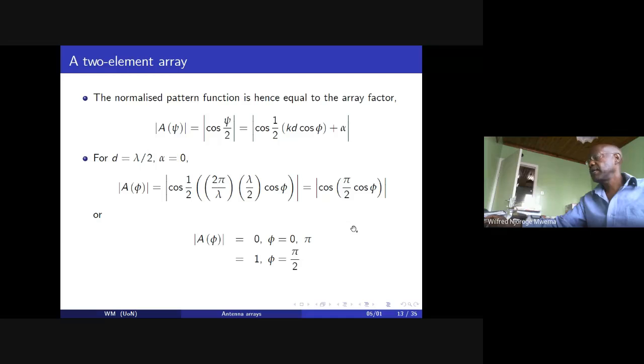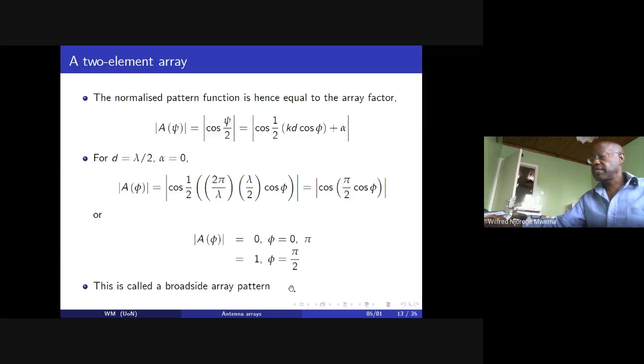This can be seen because if we put phi equal to pi by 2, this will be the magnitude of cosine of 0, and that is going to be unity. If we put phi equal to 0, this is going to be unity, and therefore it will be cos pi by 2. If we put pi here, it will be the cosine of minus pi by 2, which are both equal to 0.